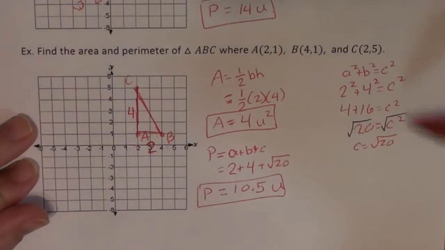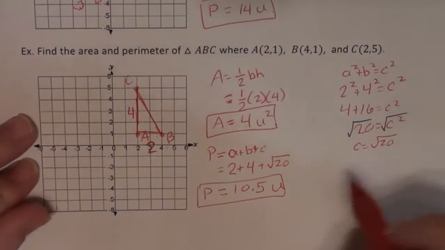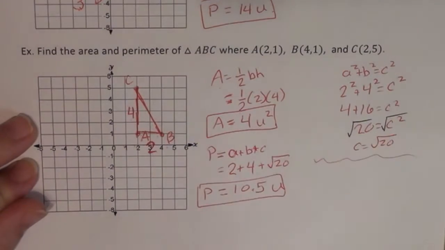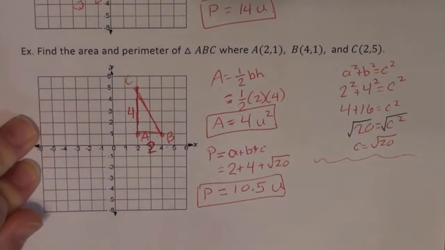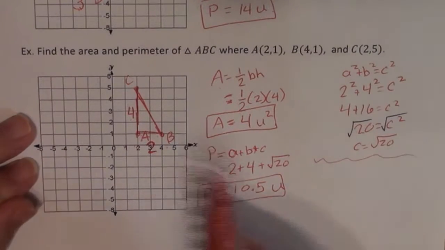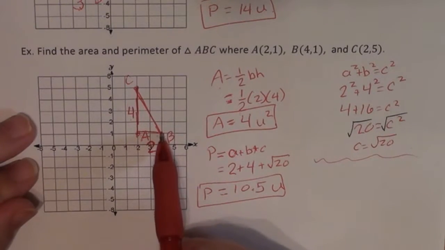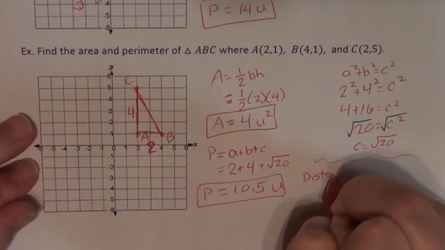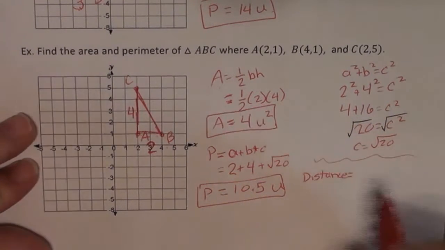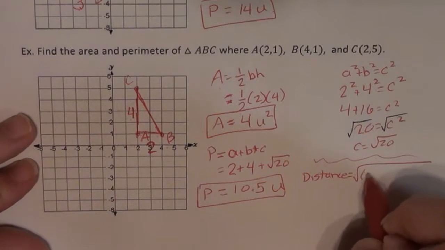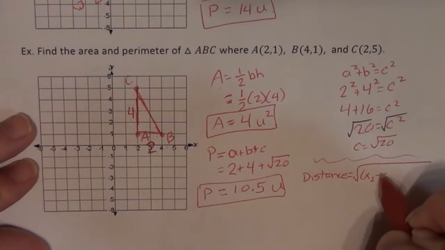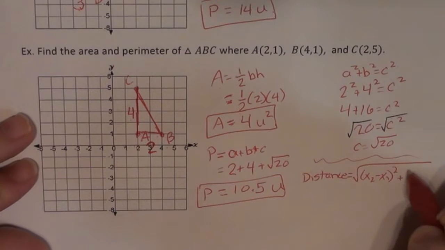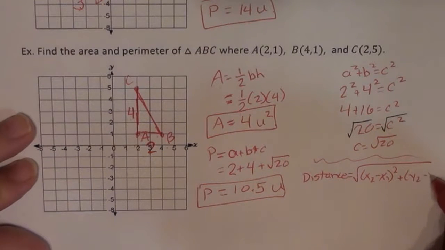Now, if you're not familiar with Pythagorean theorem, there is another way to calculate the distance between those points. And that's actually using what I just said, calculating the distance between them. That's the distance formula. Distance formula is the square root of (x2 minus x1) squared plus (y2 minus y1) squared.